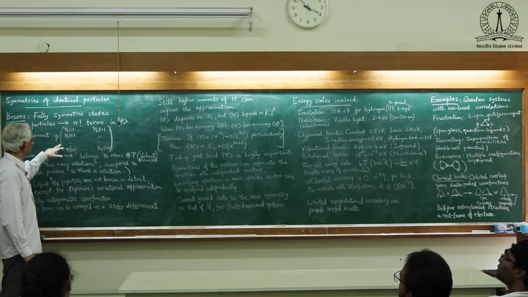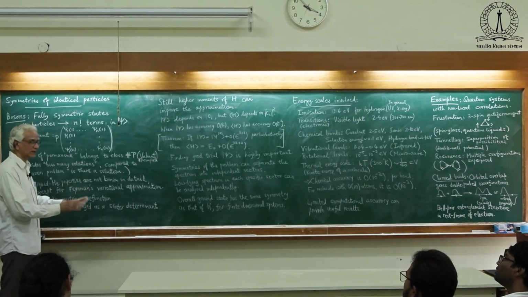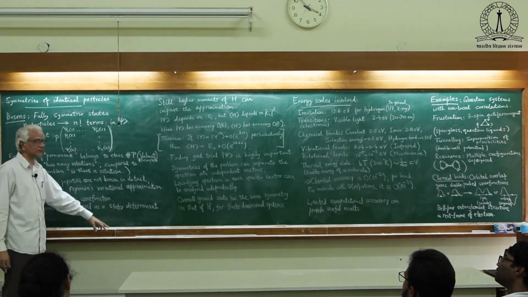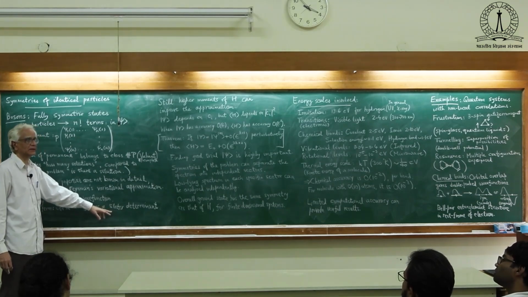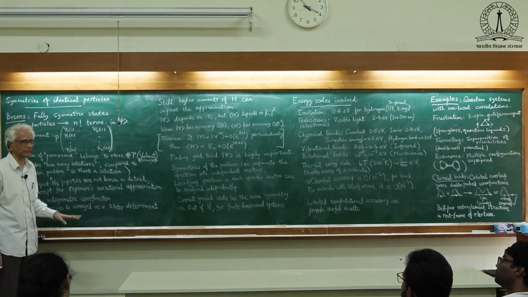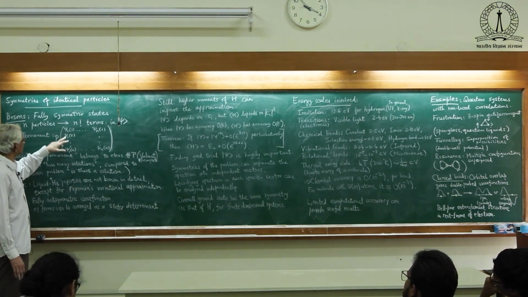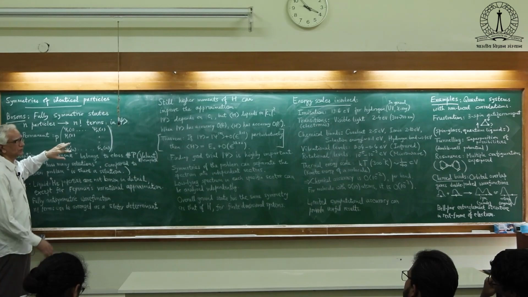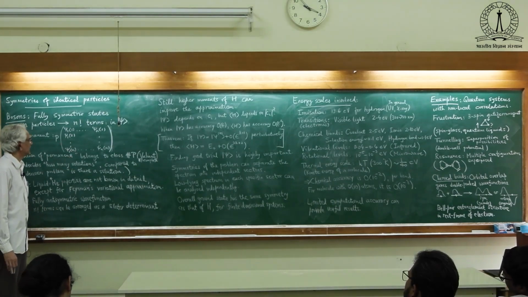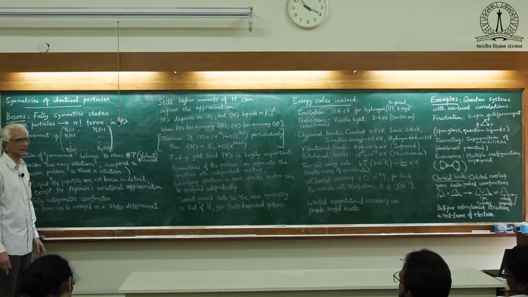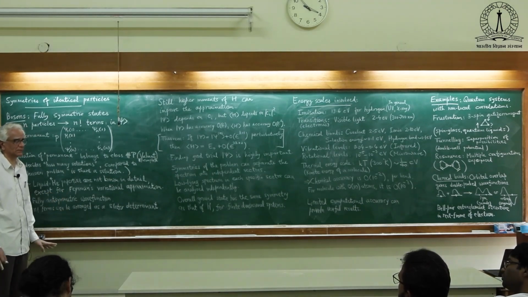The only difference between permanent and determinant is the relative signs. Here the signs will alternate. Here all the signs are the same. And why do they alternate? Because you can say that I will interchange these two rows, which for a determinant will flip the sign, and for the particles it will flip the label.